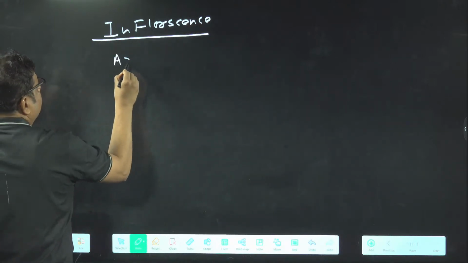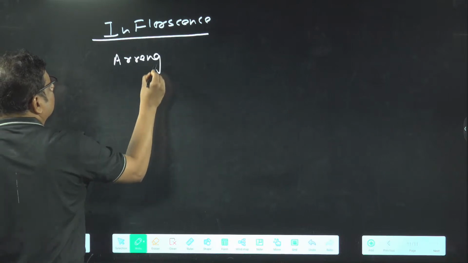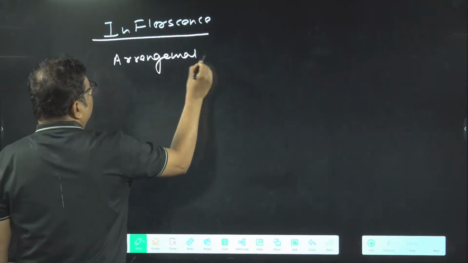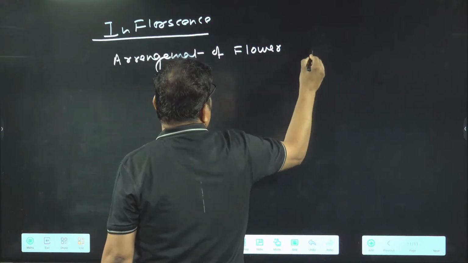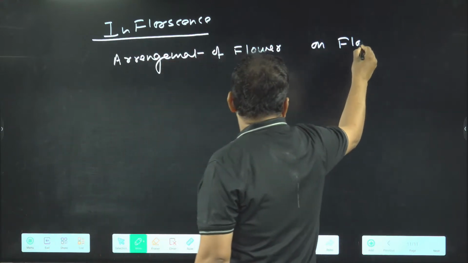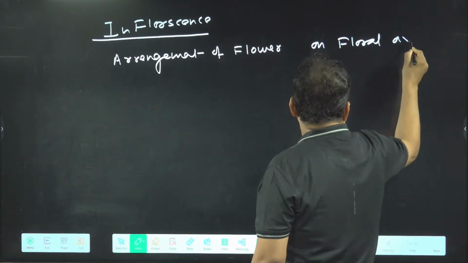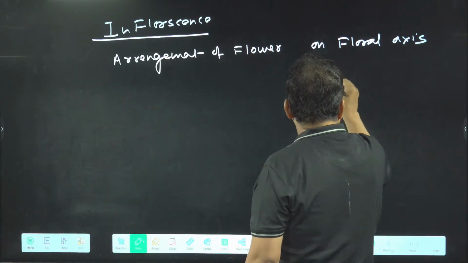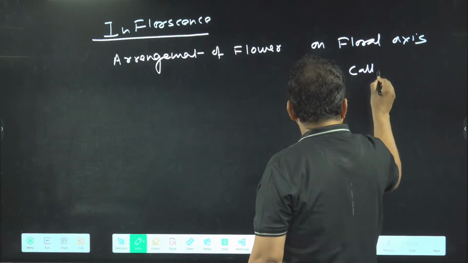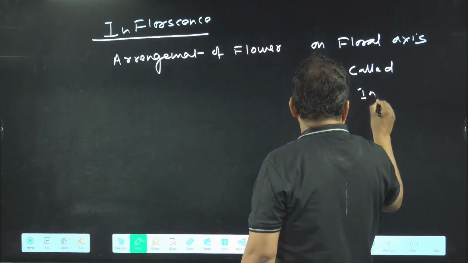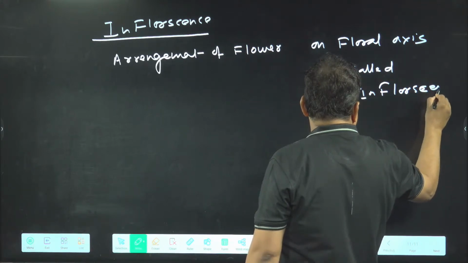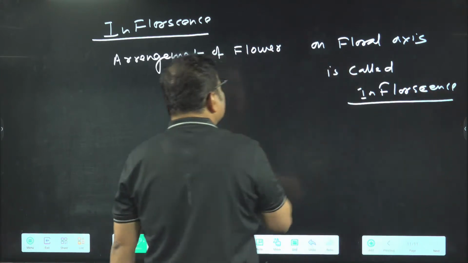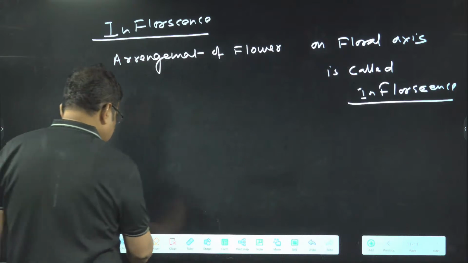The arrangement of flowers on the floral axis is called inflorescence. Arrangement of flowers on the floral axis.